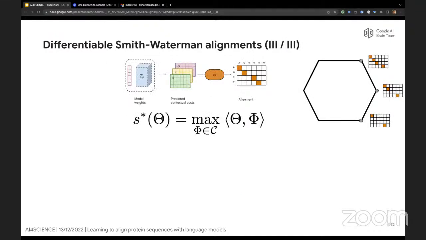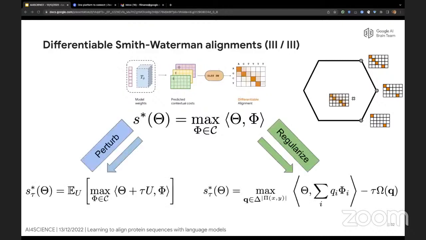So what we did basically is to relax the linear program by embracing this interpretation that we have the convex hull of all possible solutions. So the effect of this relaxation is that at training time, not at inference, we're going to let alignments be in the interior of this polyhedron.